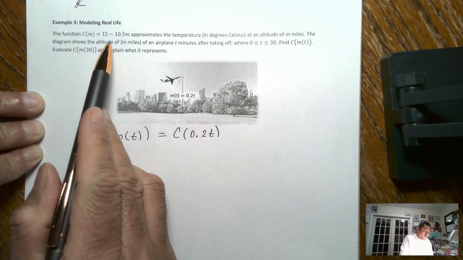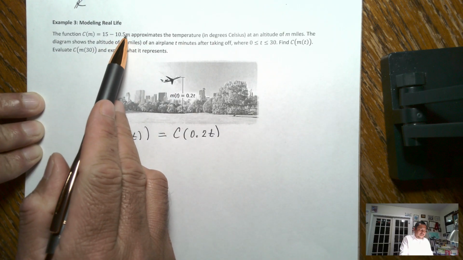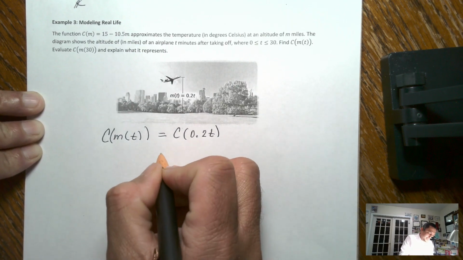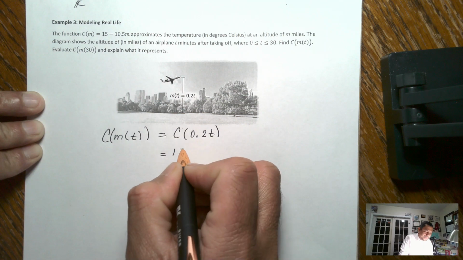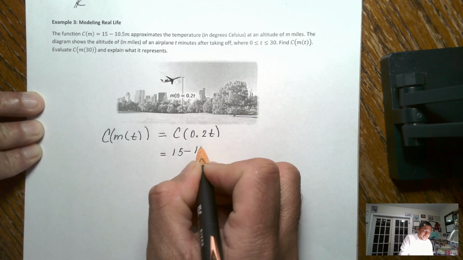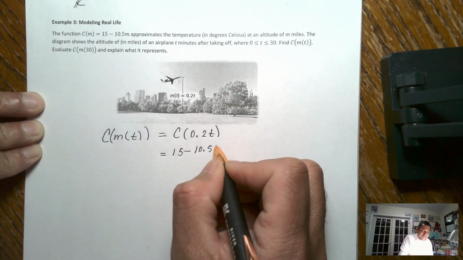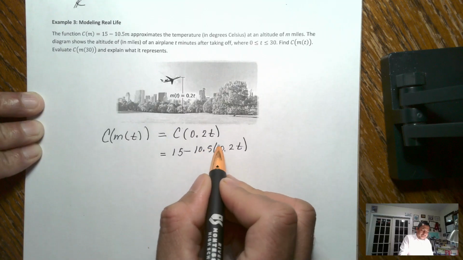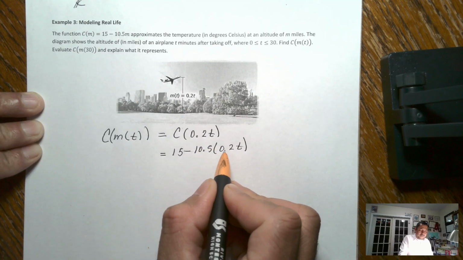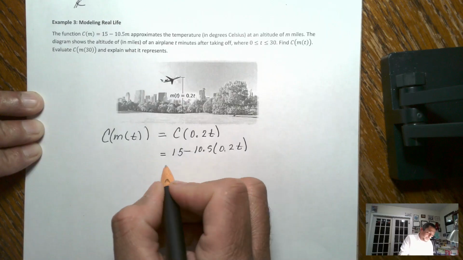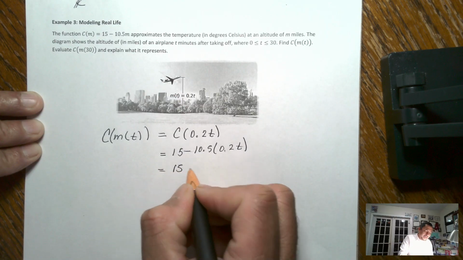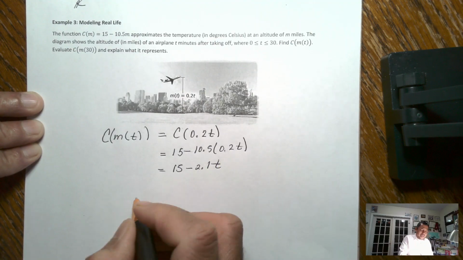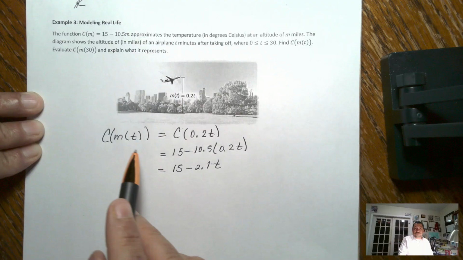And now I'm going to evaluate 15 minus 10.5 times m, which is 0.2t. So this is equal to 15 minus 10.5 times 0.2t, and then we apply the distributive property. Negative 10.5 times 0.2 is negative 2.1, so it's 15 minus 2.1t. This is my function, the composite function.